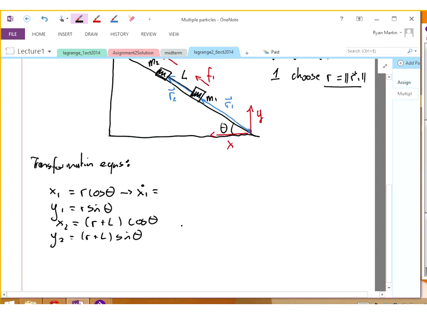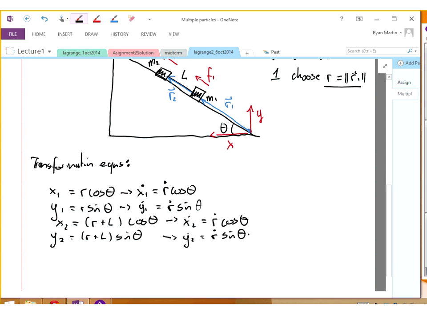Similarly, y1 dot is r dot sine theta. x2 dot is also r dot cos theta, and y2 dot is r dot sine theta.